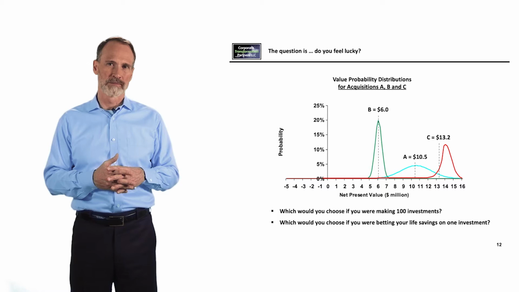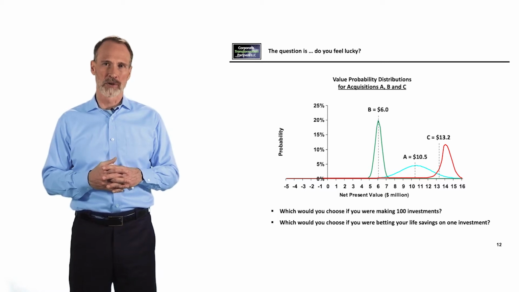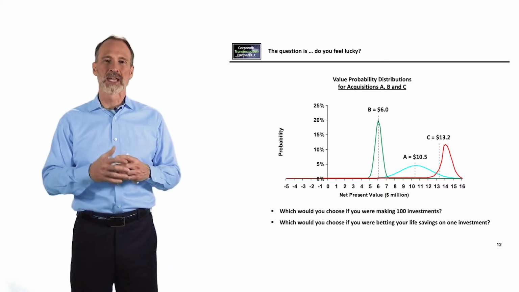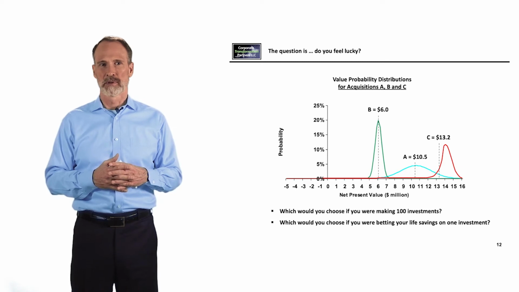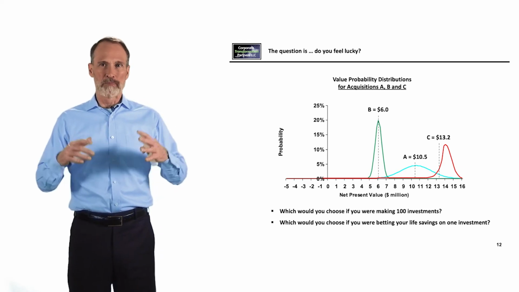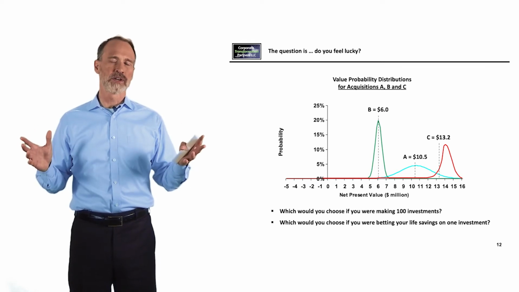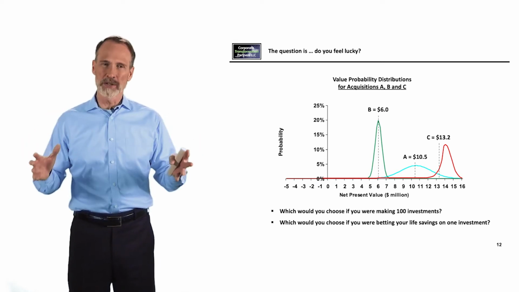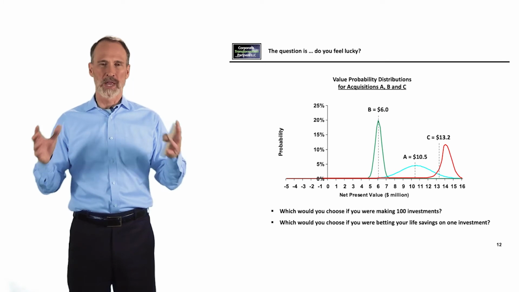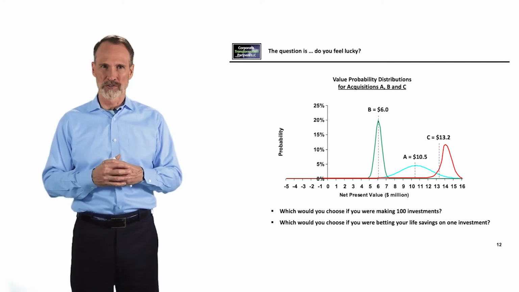But now let's go to the trickier question. What if you're only making one investment? What if you're really betting the company on this? Do you see that in this situation, realistic people could come up with different conclusions?